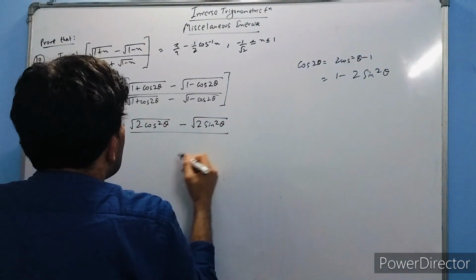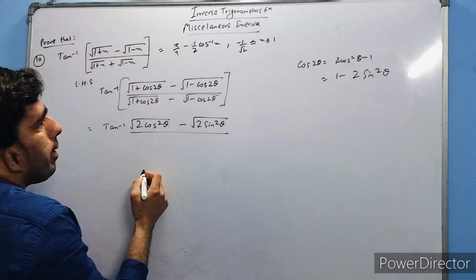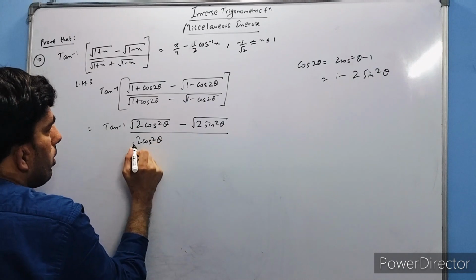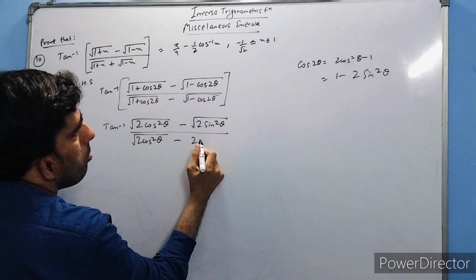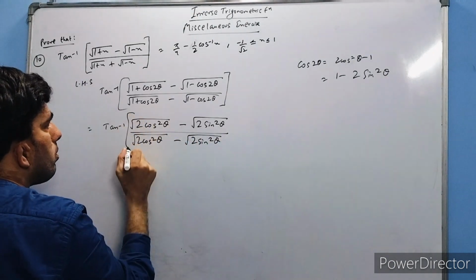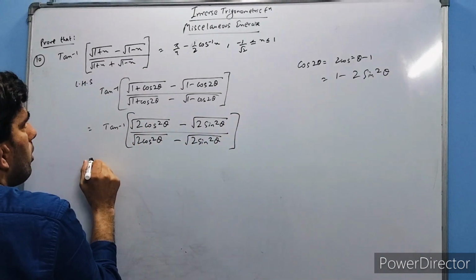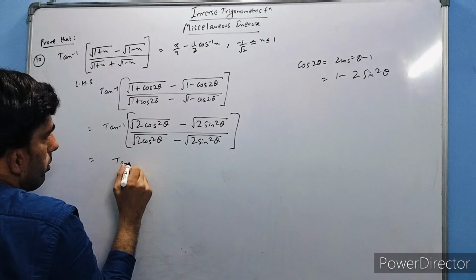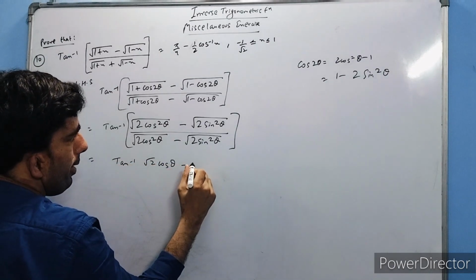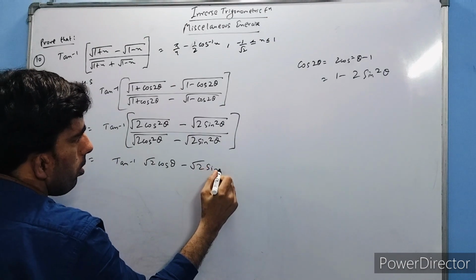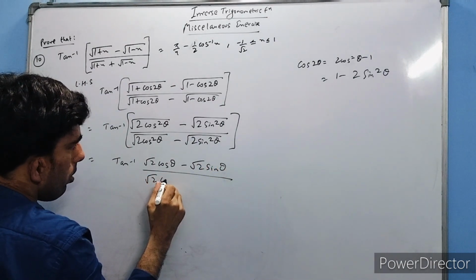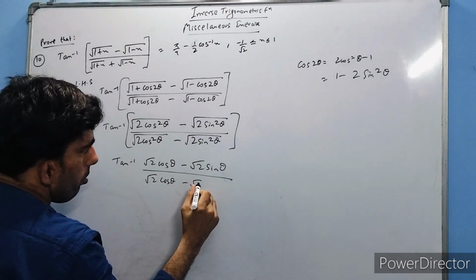So we have root 2 cos theta minus root 2 sin theta upon root 2 cos theta plus root 2 sin theta.